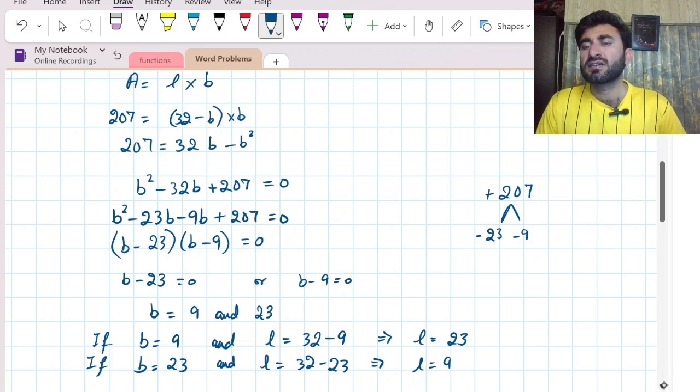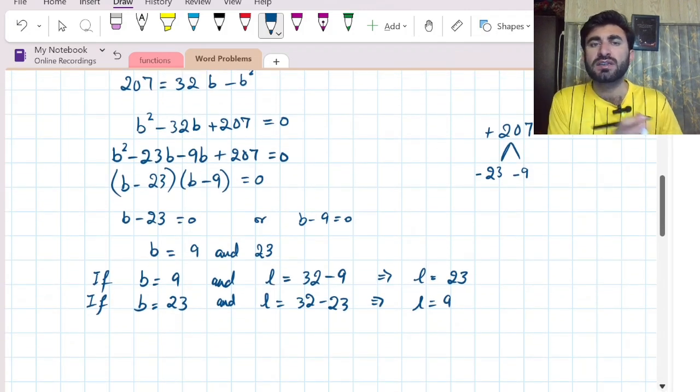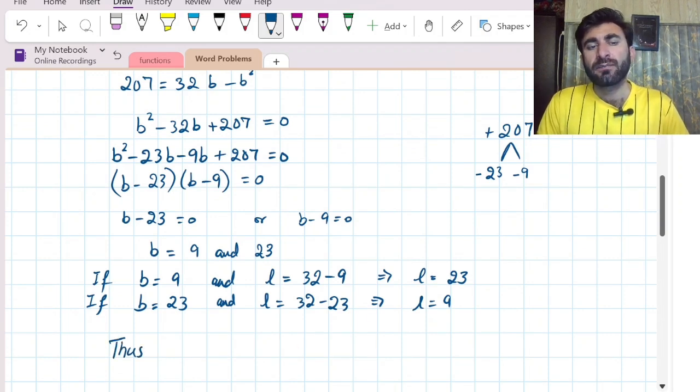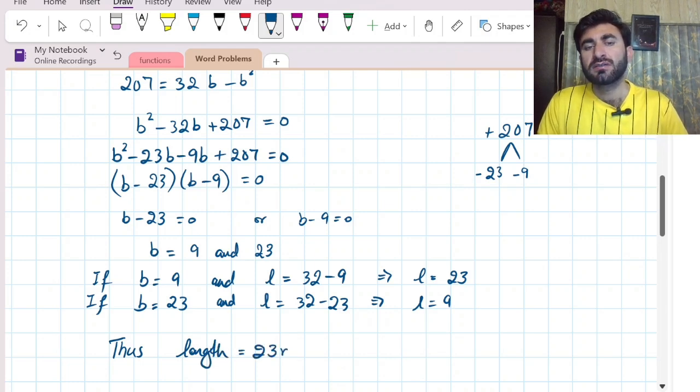So we can say that the smaller one is its breadth and the larger one is its length. So I can say thus length equals 23 meters and breadth equals 9 meters. So that was the first problem.